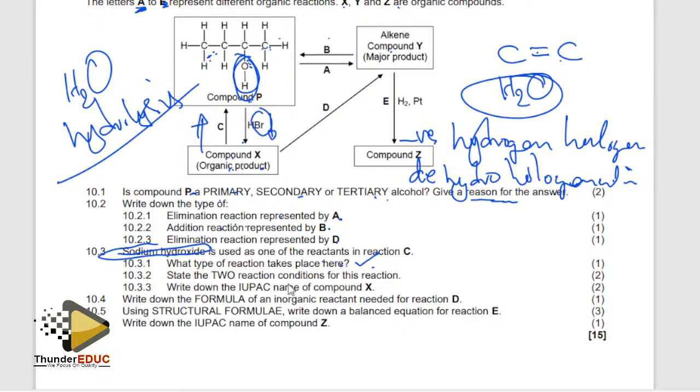State two conditions which are supposed to be present in this reaction. The first condition is the base. They said a strong base is used, so a strong base must be there, and this base must be dilute. It could be dilute sodium hydroxide, so you must add the word hydroxide.